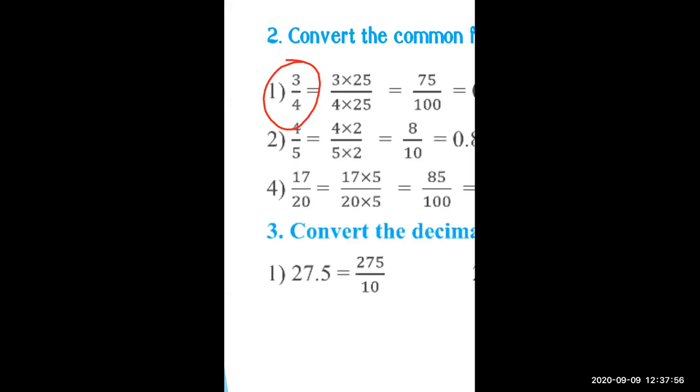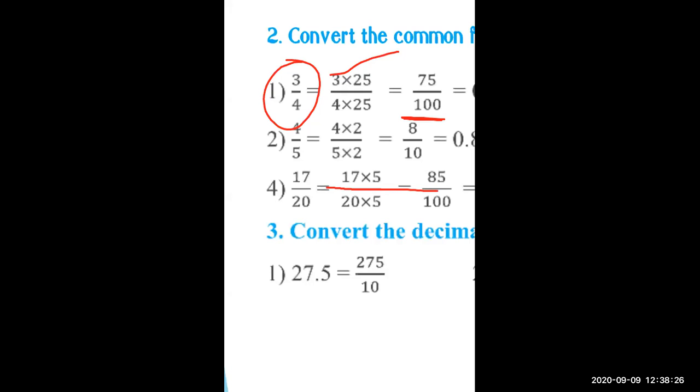Here if I multiply 4 by 25, 4 multiplied by 25 is 100. So 25 should be multiplied on top also. So 3 into 25 upon 4 into 25 equals 75 upon 100.